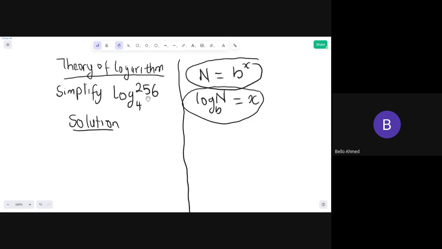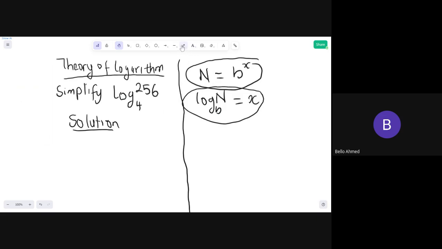Now, in this question we don't know the answer yet, and that is why they asked us to simplify this. So we can think of our answer as a variable. We can pick any variable to represent our answer and then change to this indices form, and then we can complete and solve the problem.